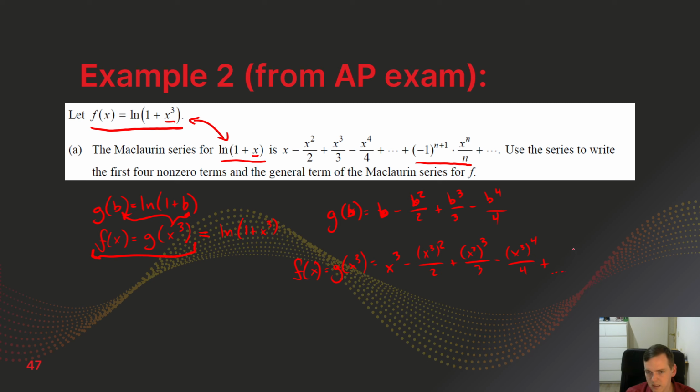And then this nth term will be negative 1 to the n plus 1. That doesn't change. But then just instead of x, I have x cubed to the n over n.